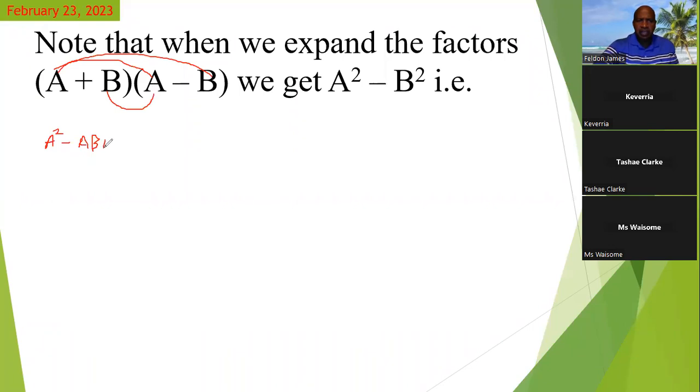So this one now is plus ab. Then we go b times b, but this is positive b times minus b, so that's going to give you a minus b squared.